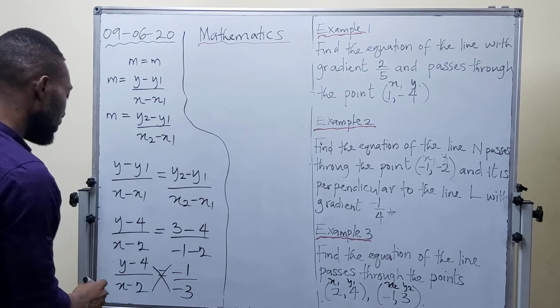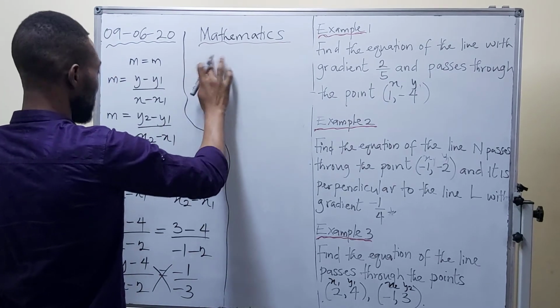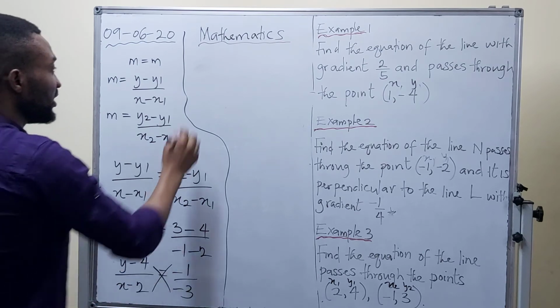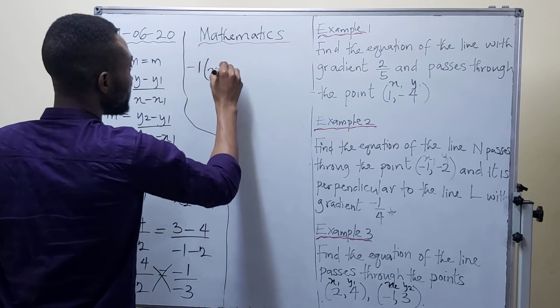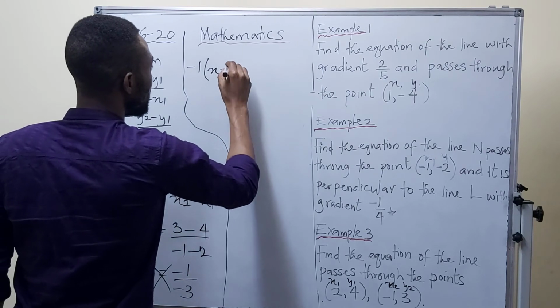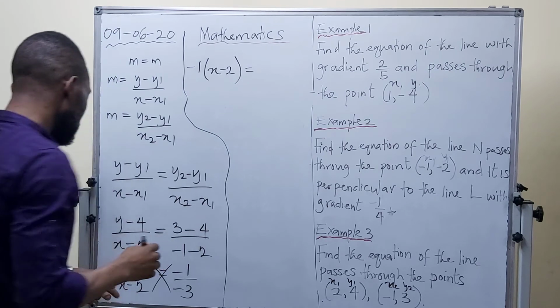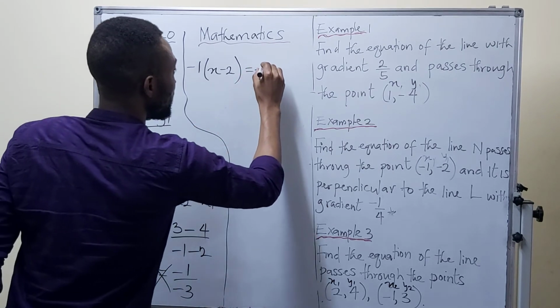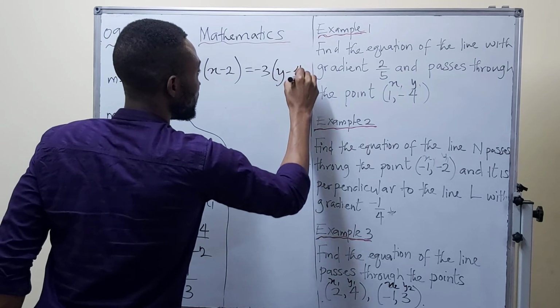So if I cross multiply, I will have minus 1 into bracket x minus 2, which is equal to minus 3 into bracket y minus 4.